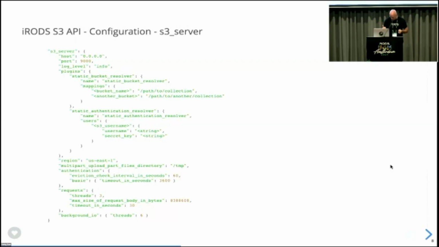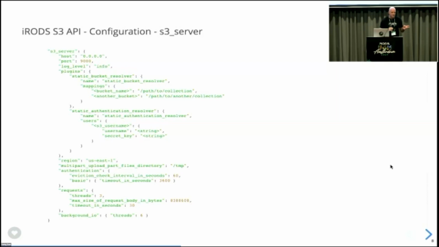There are plugins for the bucket resolving. Right now we map a bucket to a collection in iRODS, so depending on what bucket the client writes to, that will map directly to a collection in iRODS. There's also the authentication resolver that maps an S3 key and secret key pair to an iRODS user. Now this is a plugin architecture.